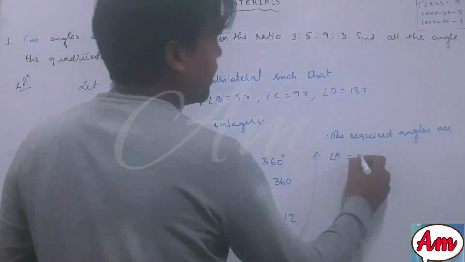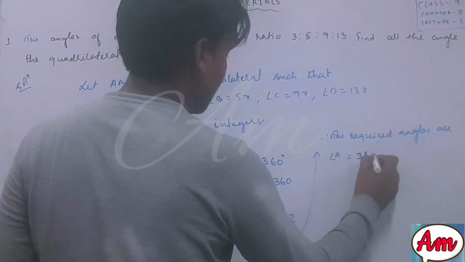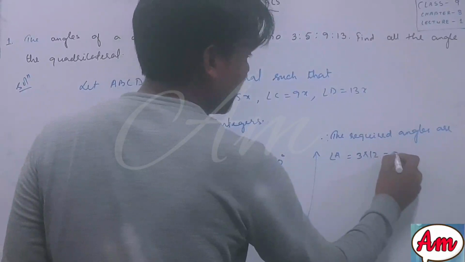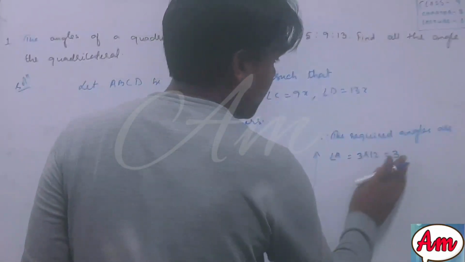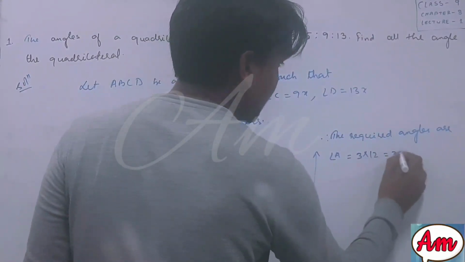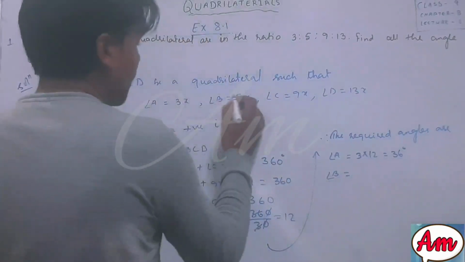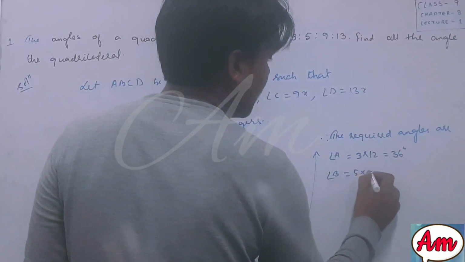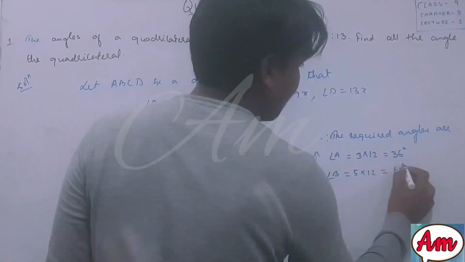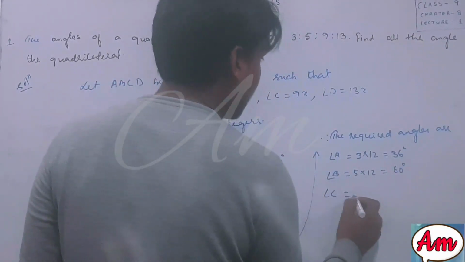3x. So we'll write here 3 in x. So that is 3 into 12, which is equals to 36 degrees. Angle B equals to how much? 5x. So 5 into 12, which is equals to 60 degrees, and angle C is equals to how much? 9x.